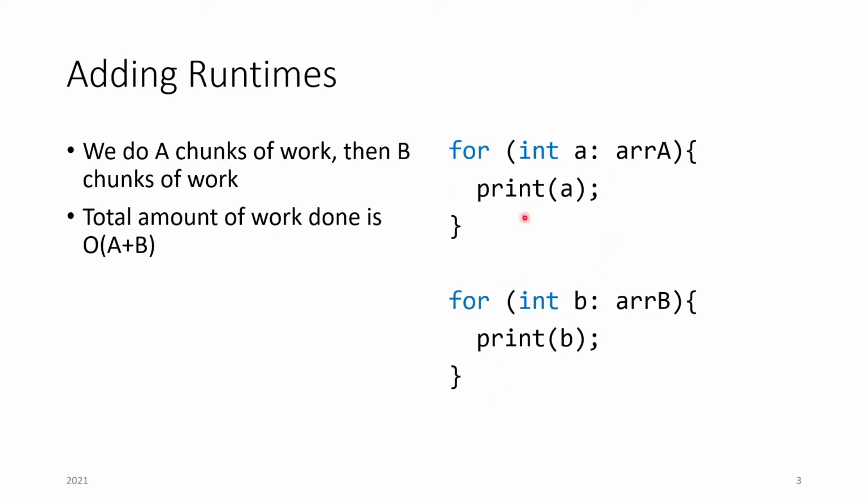If we have a loop doing A chunks of work, and then a loop doing B chunks of work, the order for the first loop alone is going to be O of A, and the order for the second loop is going to be O of B. And then when we compound the two to say, okay, for this entire program, what's the general full order? It's just going to be O of A plus B altogether.